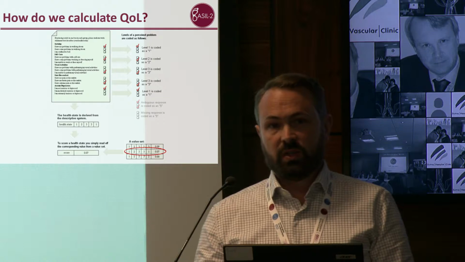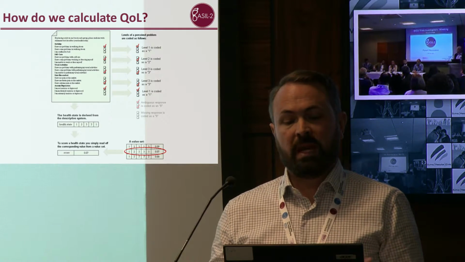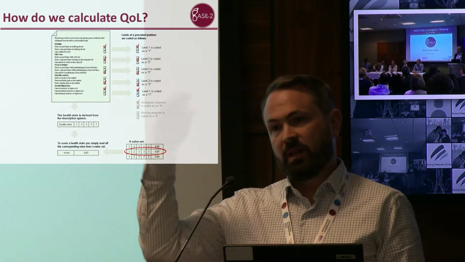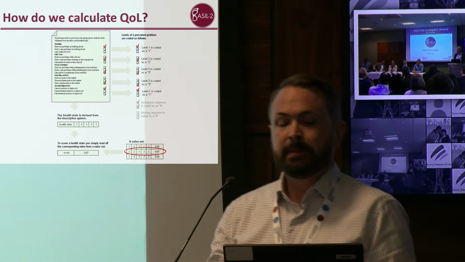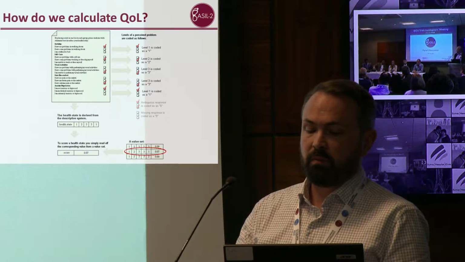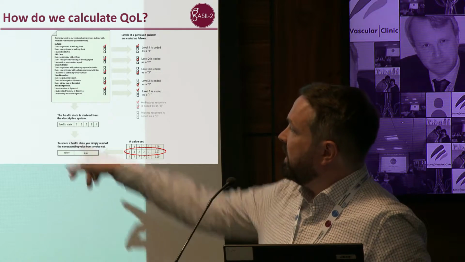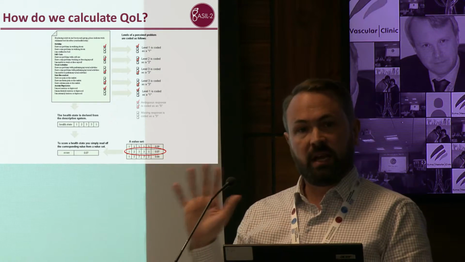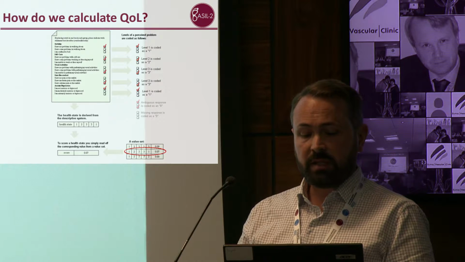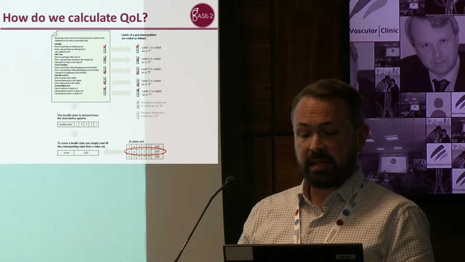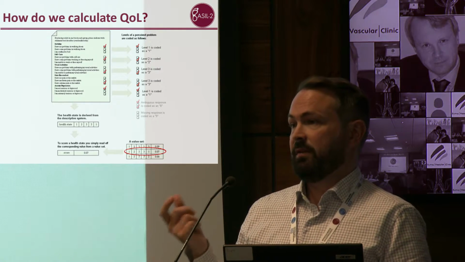Within each area or domain, we just ask you to rank it on 3 levels. And each level is given a score, so 1, 2, or 3. And at the very end, we get a 5-digit health state.